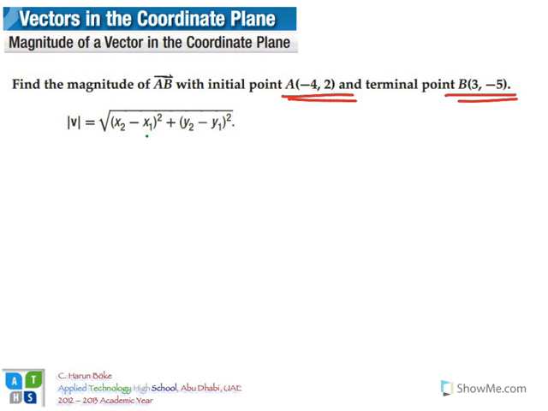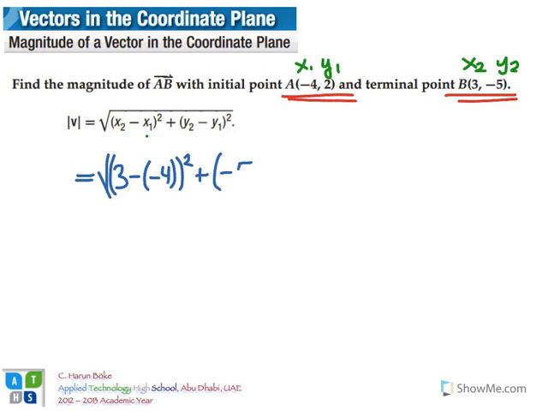So if we say this is (x1, y1) and this is (x2, y2), we can substitute as, let's write, the square root of x2 minus x1, which is 3 minus 4, squared, plus for the difference in y it will be minus 5 minus 2, squared.